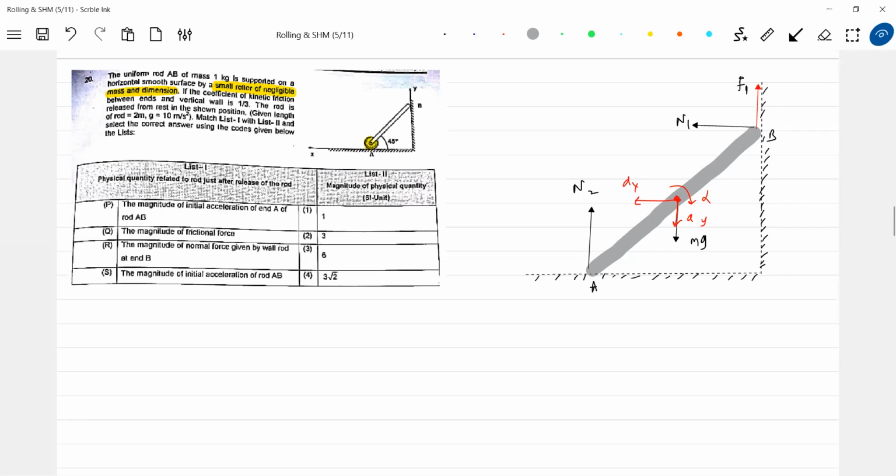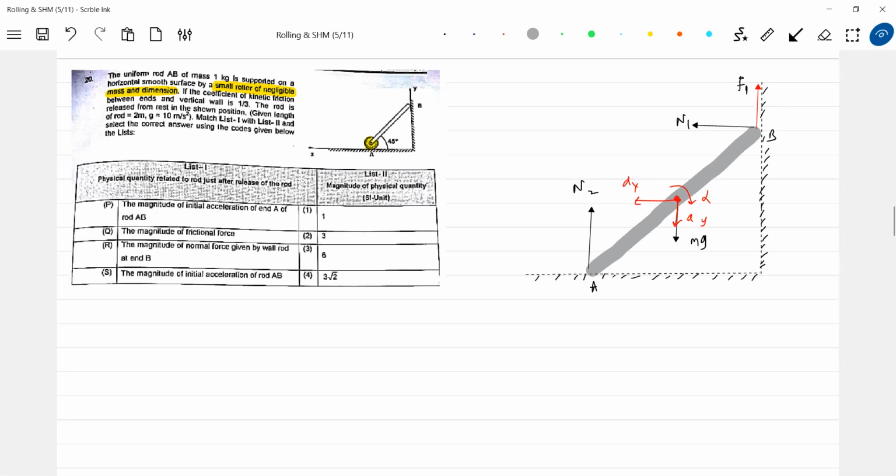Same thing in the torque, we were discussing what should be the angle theta for equilibrium. Here I brought a numerical where it will have acceleration. It's asking the magnitude of initial acceleration of the rod, the angular acceleration, the magnitude of the normal contacts, all things we can determine.